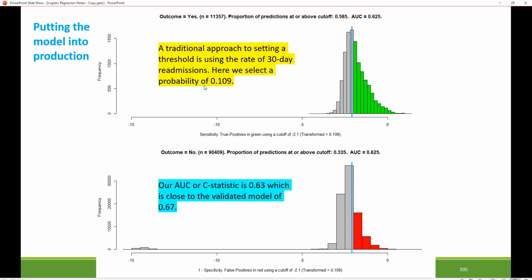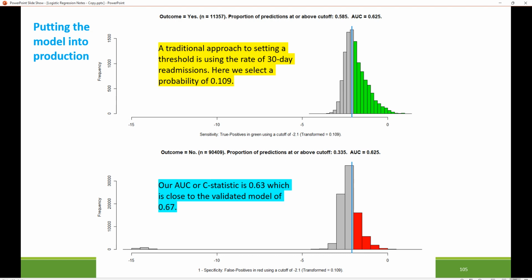Here we select a probability of 0.109. With an 11% readmissions rate, if we get down to a more precise value, that's 0.109. So in that case, we would use that as our threshold.